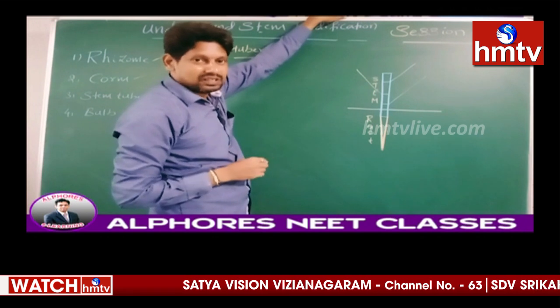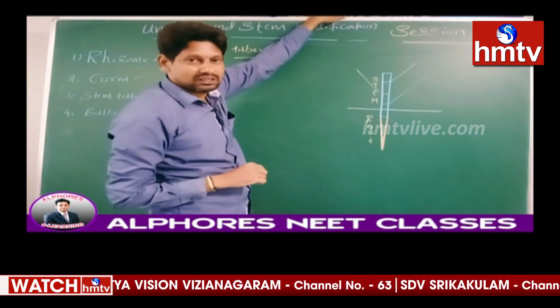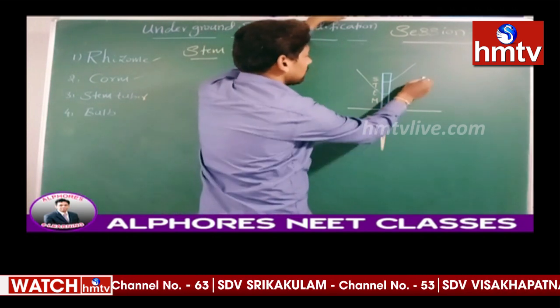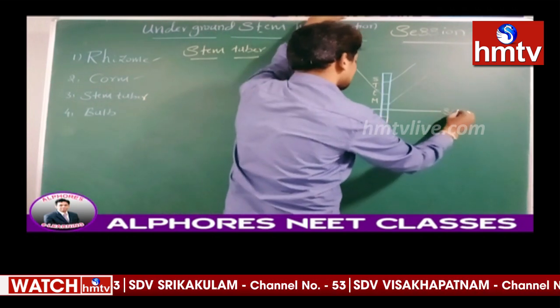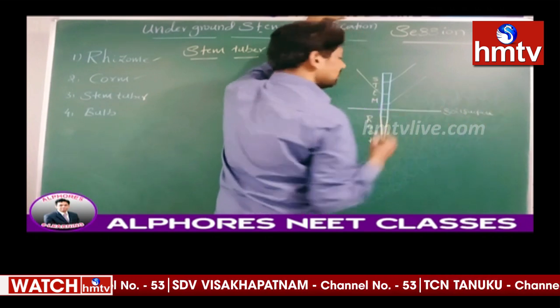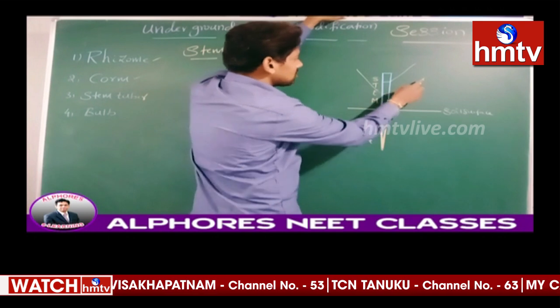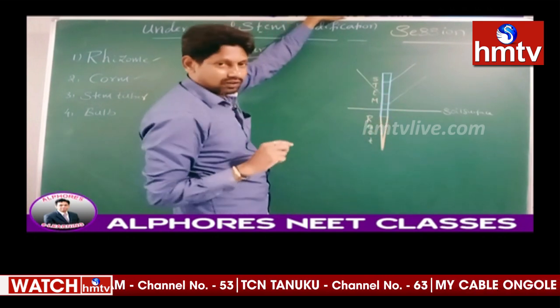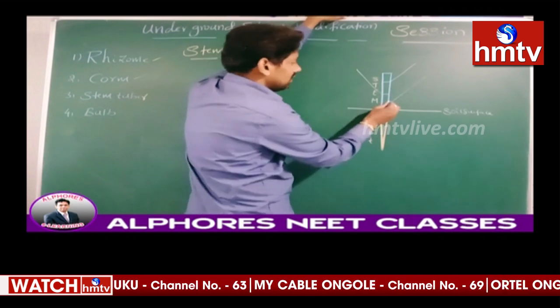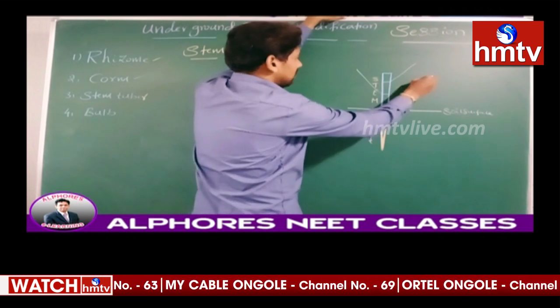Now see here, in some plants, the branches which are close to the soil surface, this is the soil surface, bend towards the soil.